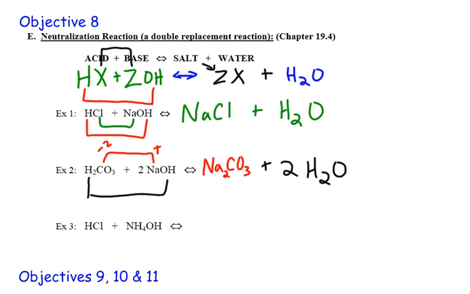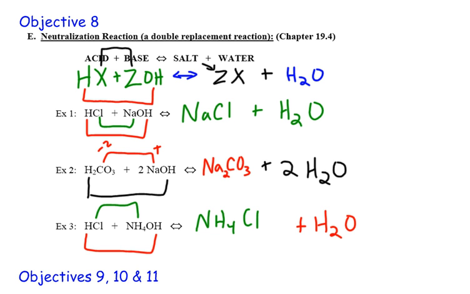Let's take a look at the next example, HCl and NH4OH. This is hydrochloric acid and ammonium hydroxide. The H and the OH become your water molecule. And then the other combination, make sure you put the cation first, NH4Cl. They're a +1 and a -1, so ammonium chloride is the salt that is produced.